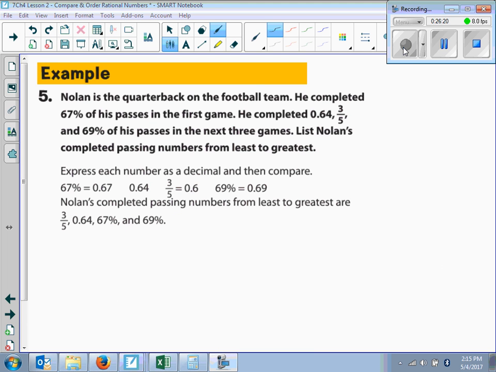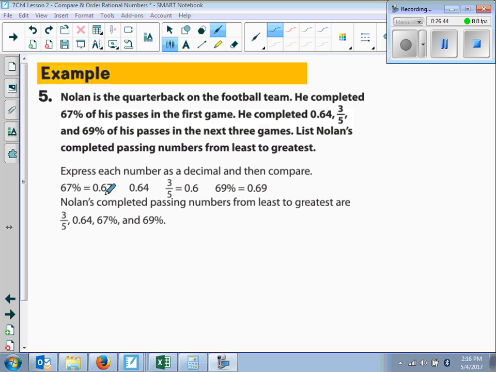All right, this example is just like the example we just did, okay? It says Nolan is a quarterback on a football team. He completed 67% of his passes in the first game. He completed 0.64, 3/5, and 69% of his passes in the next 3 games. List Nolan's completed passing numbers from least to greatest.